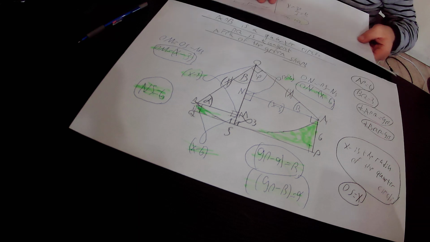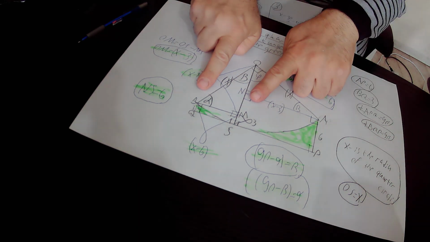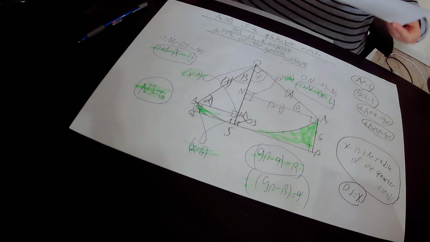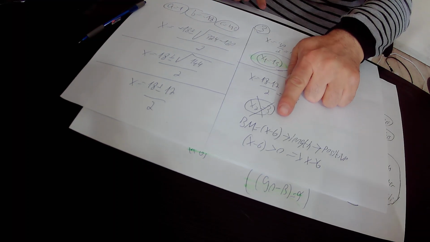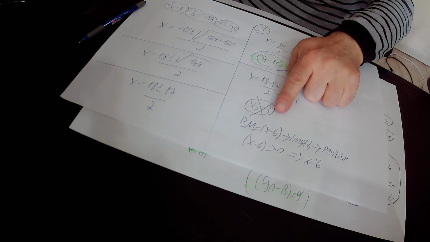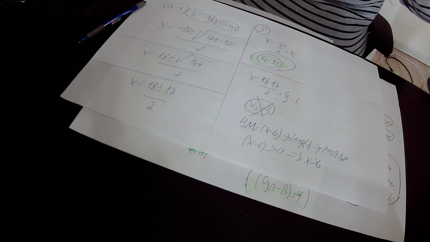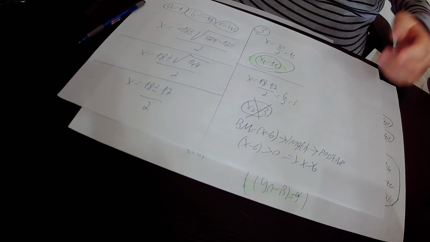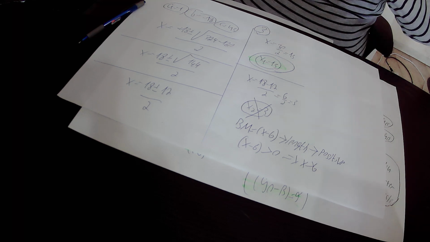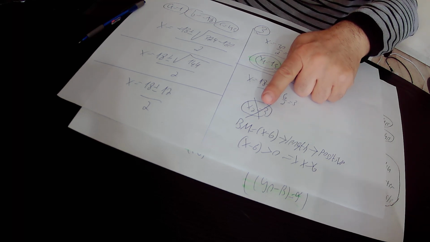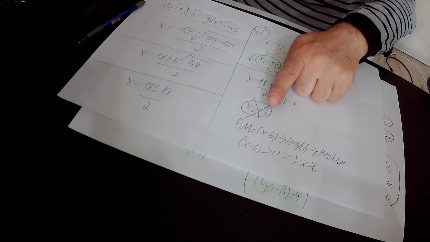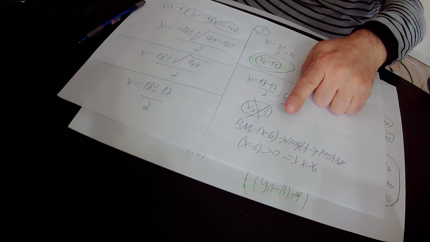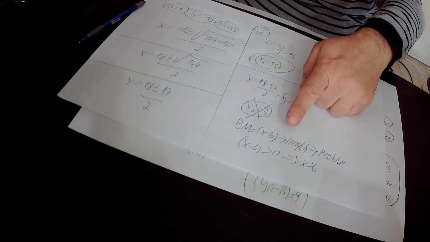But because we've already found out that the length of line segment BM is x minus 6, so BM equals x minus 6. BM is a line segment, it is a length, and as a length, it must be a positive number. So x minus 6 must be greater than 0.